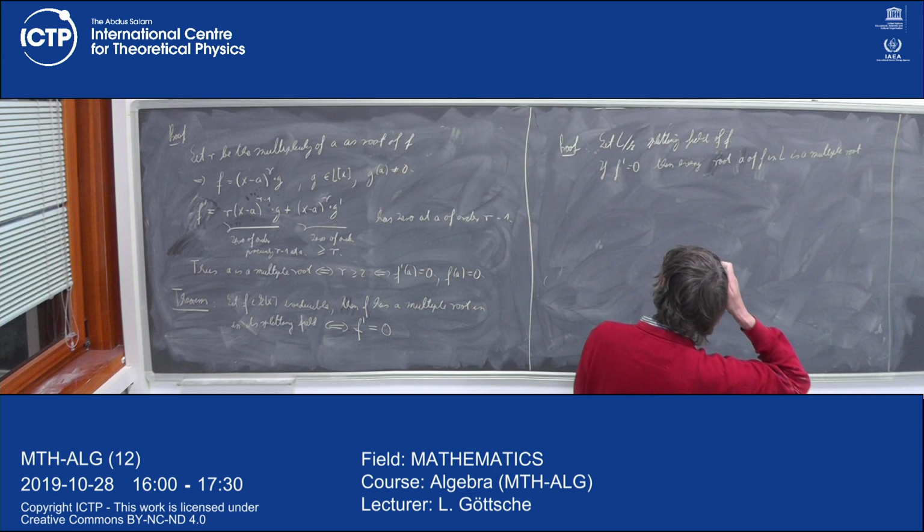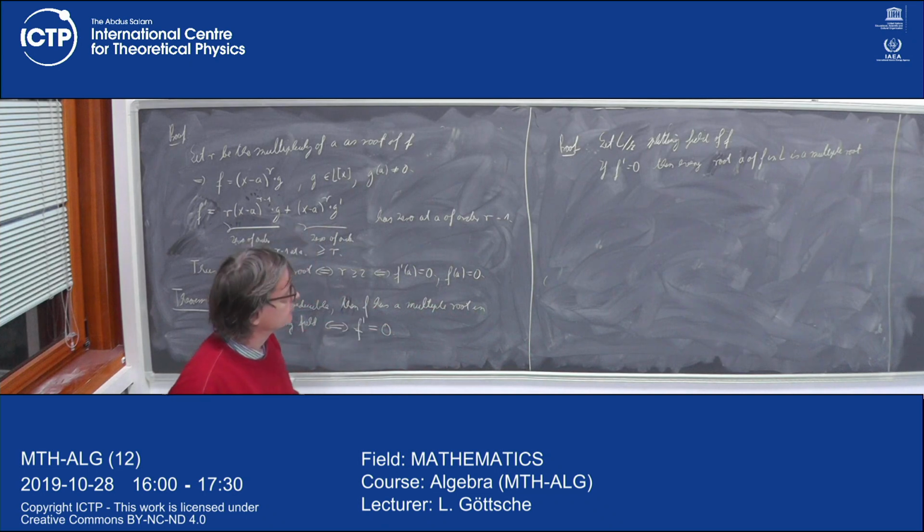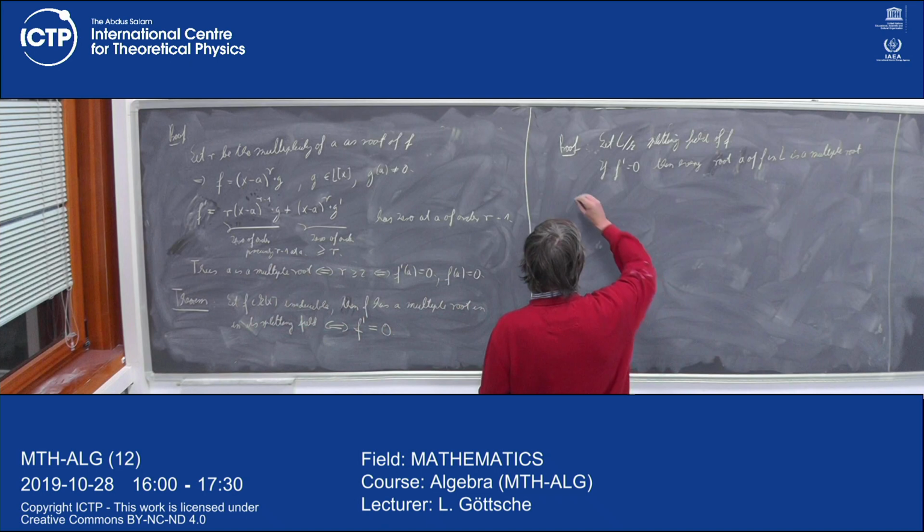And so therefore, we find that if f prime is 0, then it has multiple roots.